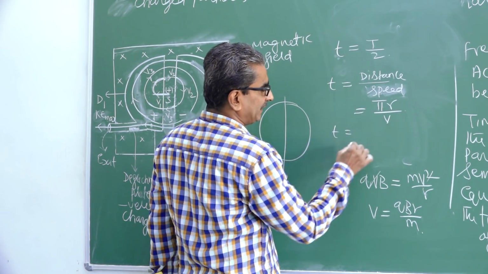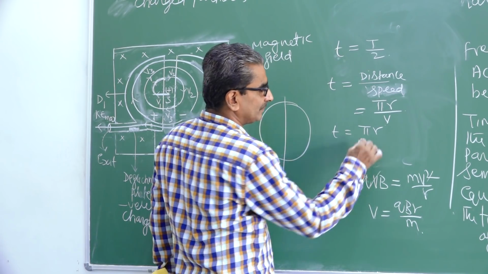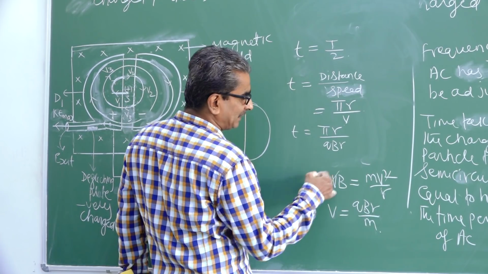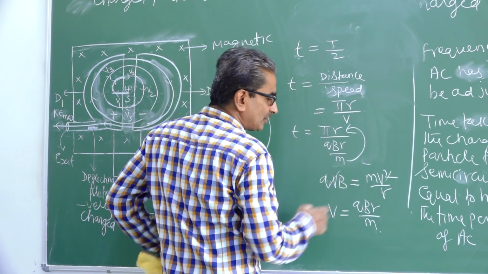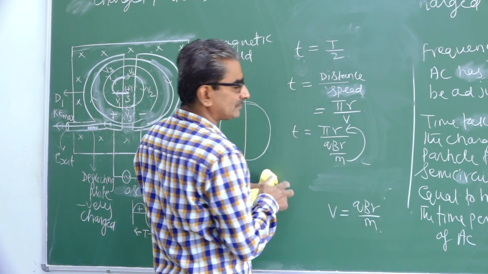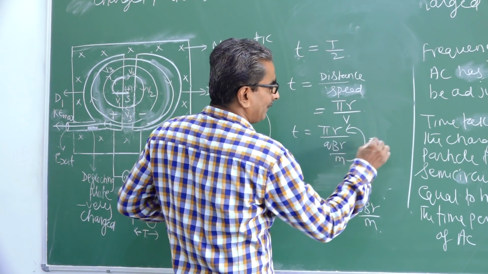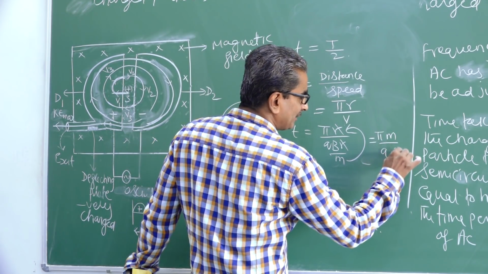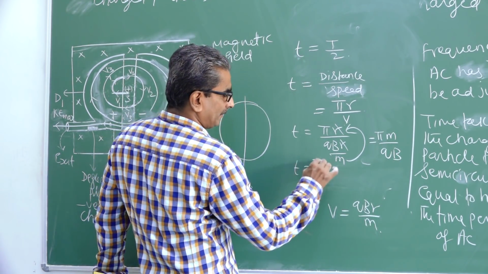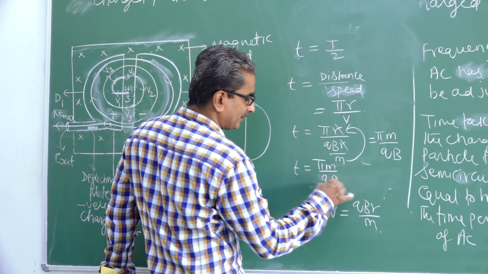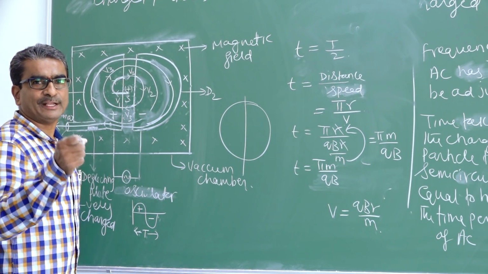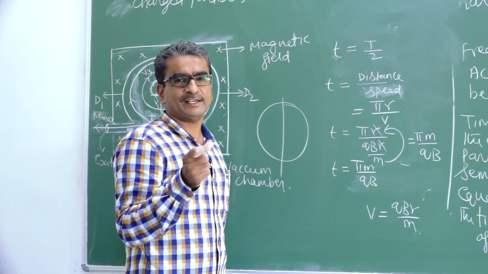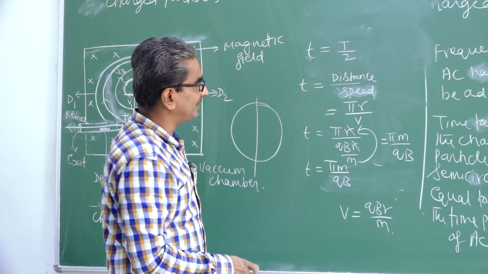Substitute for this: t equal to pi r divided by, for v I can write qBr divided by m. This m goes to the numerator. Then what do we get here? R and r get cancelled, pi m divided by qB. So this is the time required by the particle to describe every semicircular path each time.